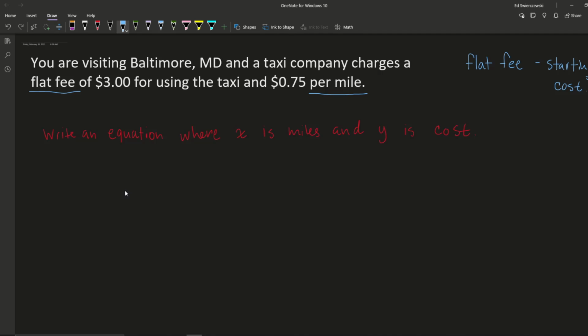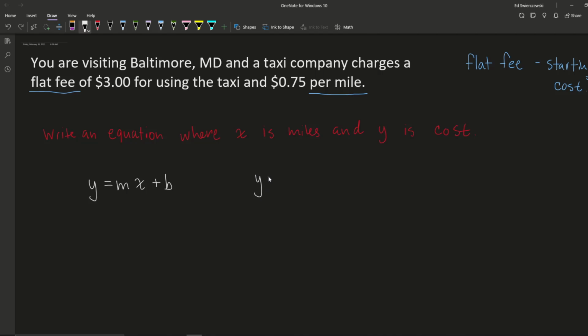So when I go ahead and write this equation, I know that an equation in slope-intercept form is going to be of the form y equals mx plus b. So I'm going to go ahead and now plug in the numbers that I recognized from this situation.